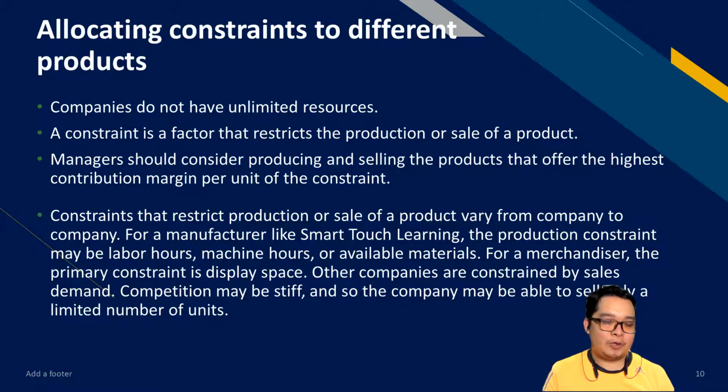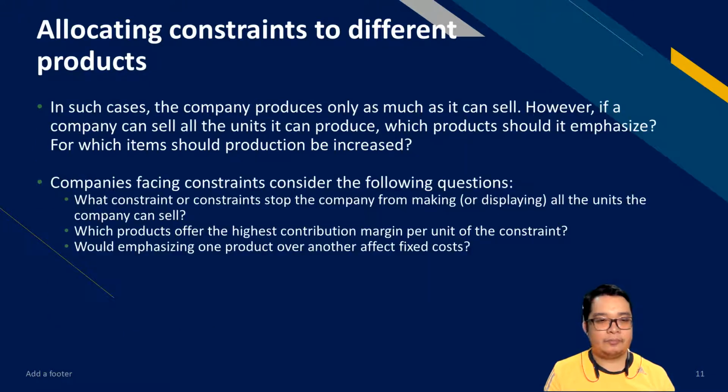So it's important for you to determine which product is the more worthwhile allocation of that constraint. How do you then allocate the production of these different products to these different constraints? In such cases, of course, the company wants to produce only as much as it can sell.